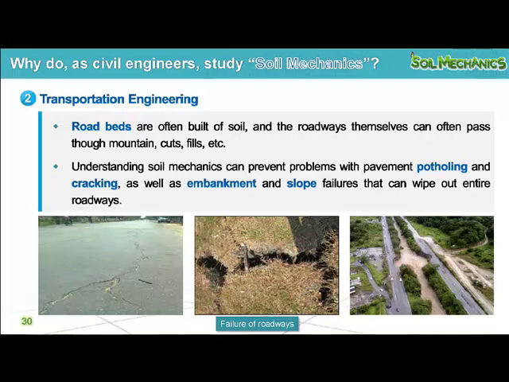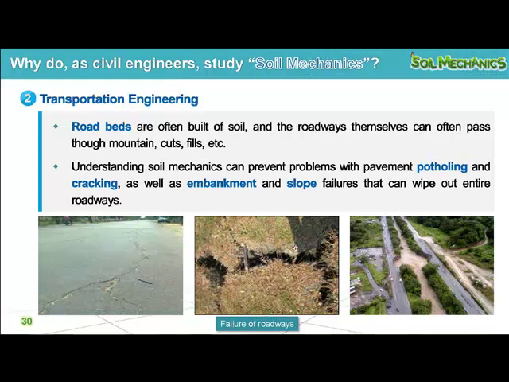Due to the shrinkage, the soil will crack like here. This crack has tension force that can make the pavement crack.